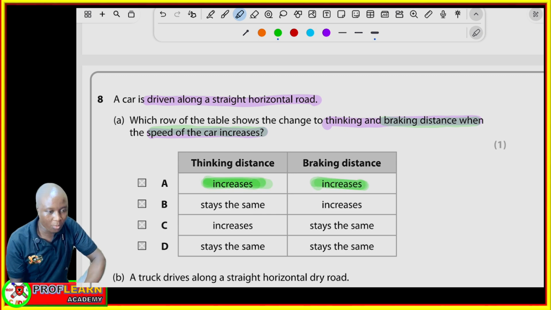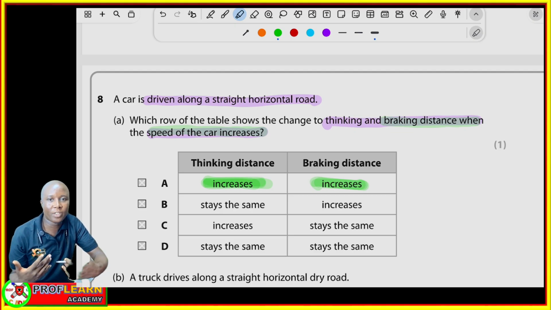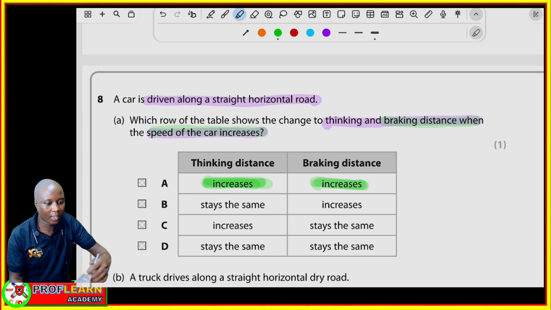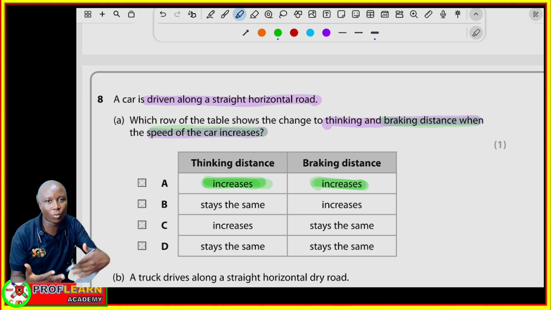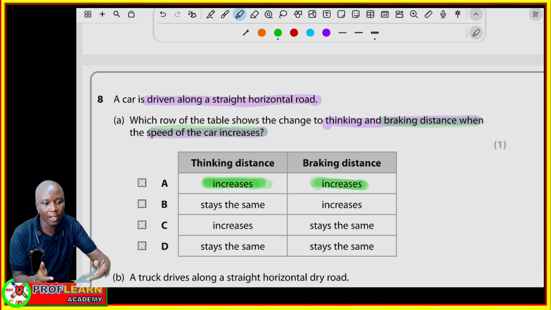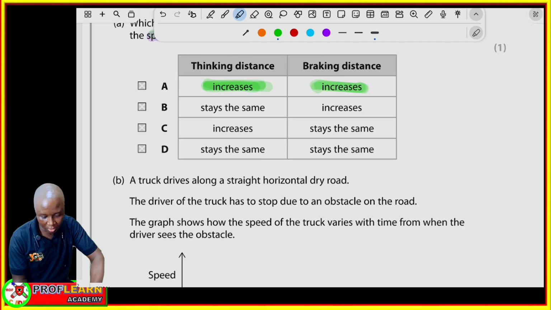So what we are going to take here is option A, because if the car is moving very fast while you are just deciding what to do, the car is going to cover a larger distance. And if you brake, the car will take longer to come to a complete stop. So thinking distance and braking distance are going to increase.